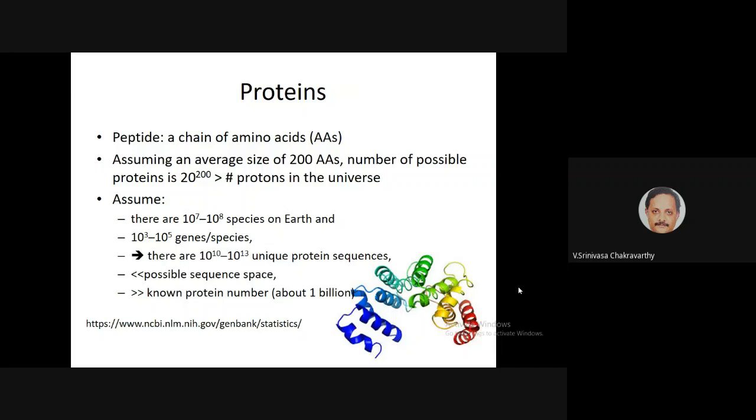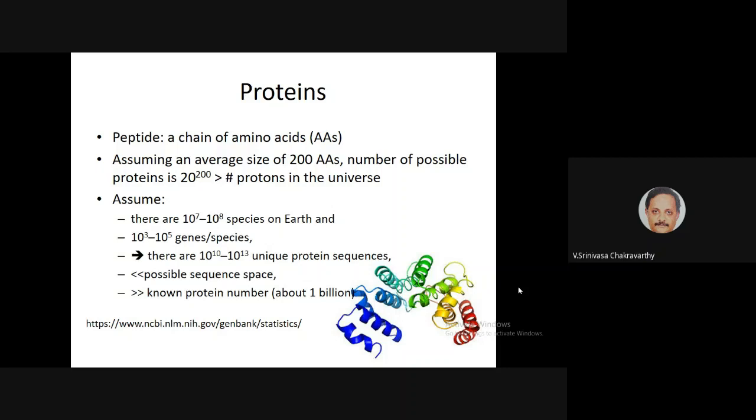The next level is protein, because the sequence, as you know, is gene, then RNA, then protein. Protein is a chain of amino acids. There are 20 amino acids, therefore a protein is a chain of these 20 alphabets. It's a sentence that consists of 20 symbols.